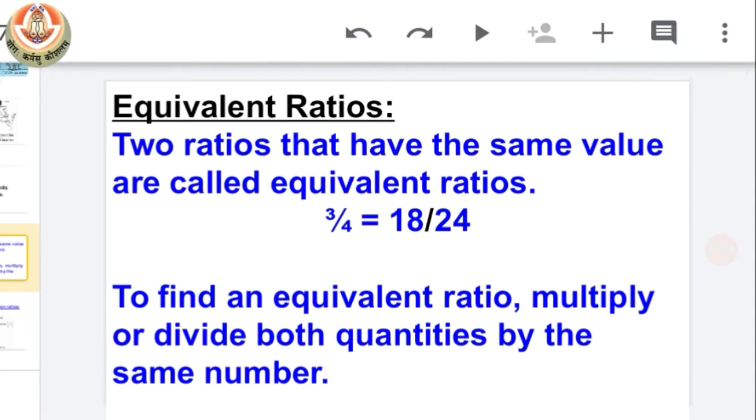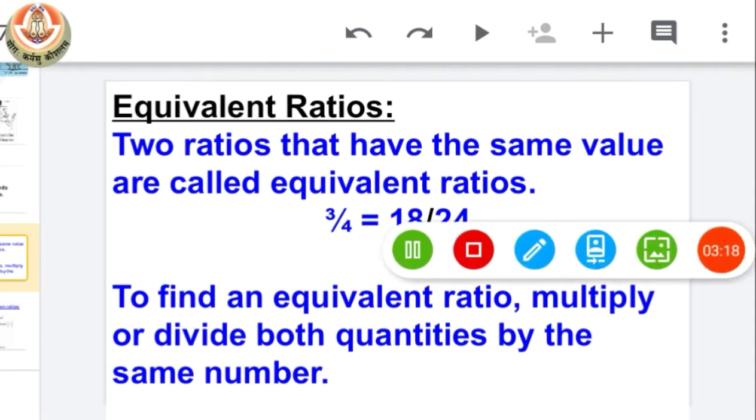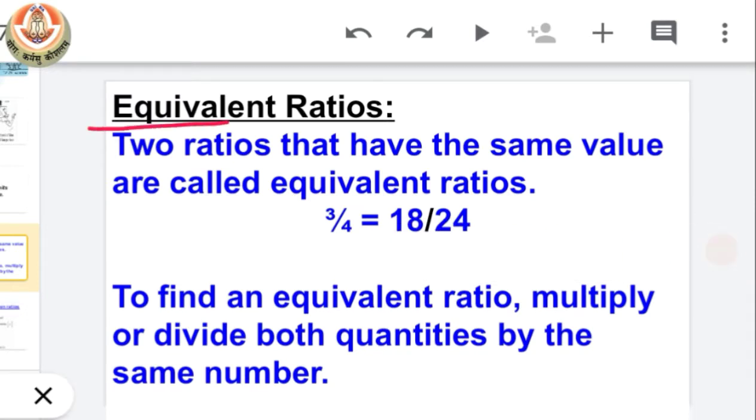Now let's see what are equivalent ratios. Now the word equivalent is formed from the word equal. Equivalent ratios means the ratios which have the same or equal value.